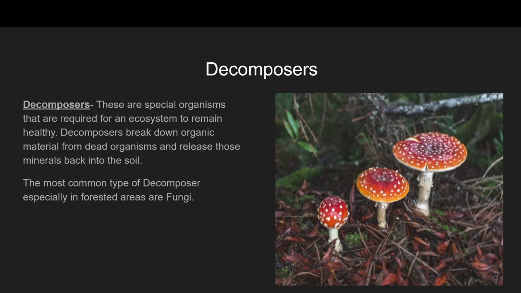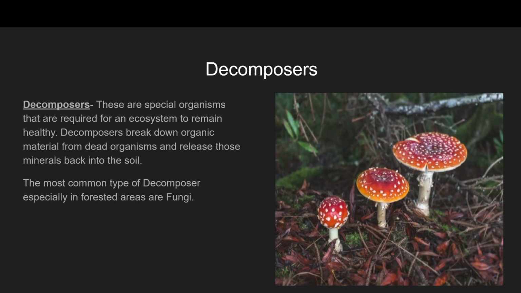We have decomposers. Decomposers are special organisms that are required for an ecosystem to remain healthy. Decomposers break down organic material from dead organisms and release those minerals back into the soil.